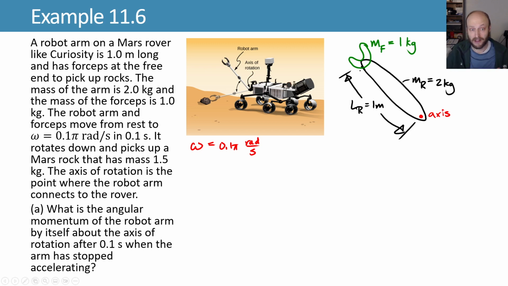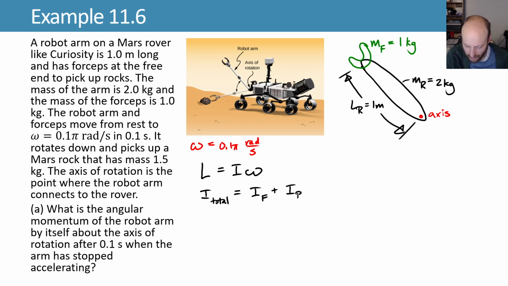All right, for the angular momentum of a rigid body like this, my angular momentum is going to be I omega. I need to know my total I, and then I can multiply it by this omega, and we should get our angular momentum. So all I really need to do is find I. My I will be a combination of these two things. It will be the I from the forceps plus the I from the robot arm.